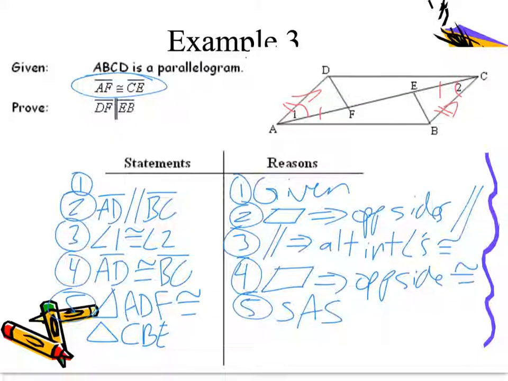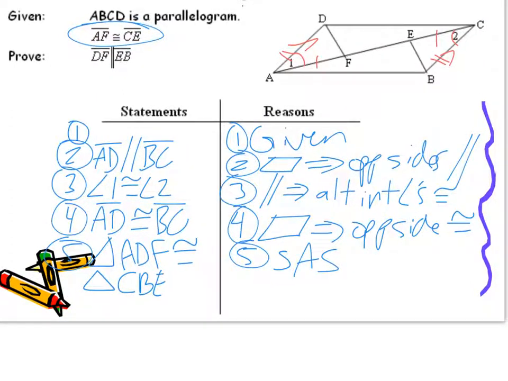I need a little more room. Okay, now that those are congruent, I'm going to label these as, how about 3 and 4 for my two angles. That's a better 3 and a 4. Okay, 3 and 4. So angle 3 is congruent to angle 4, CPCTC.